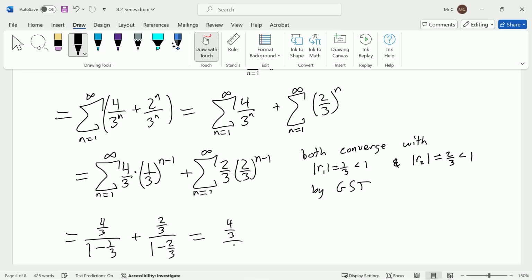That's 4/3 over 2/3 plus 2/3 over 1/3. And that's going to be 4 over 2, which is 2, plus 2 over 1, which is 2. And that's 4, barring any silly arithmetic mistakes.